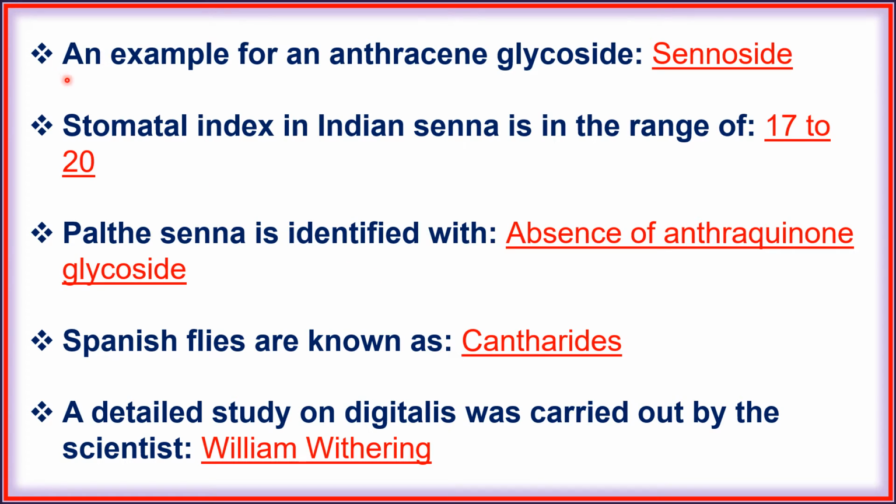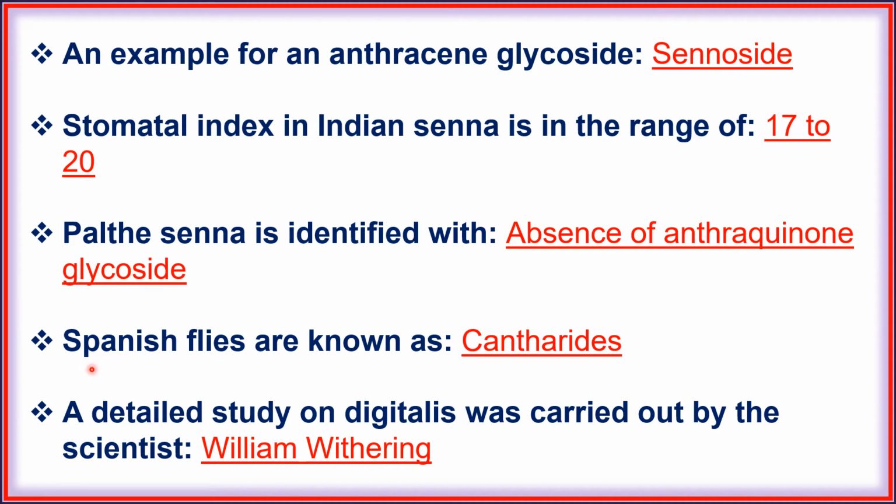Next, an example for an anthracene glycoside is sennoside. Next, stomatal index in Indian senna is in the range of 17 to 20. Next, Palthe is identified with absence of anthraquinone glycoside.